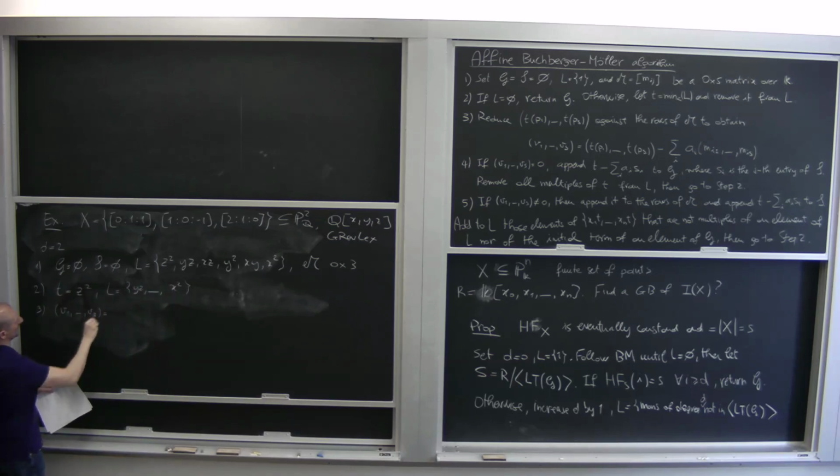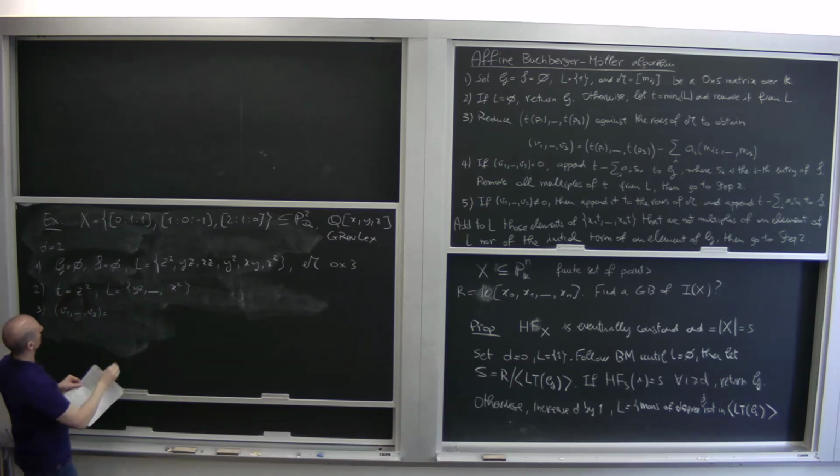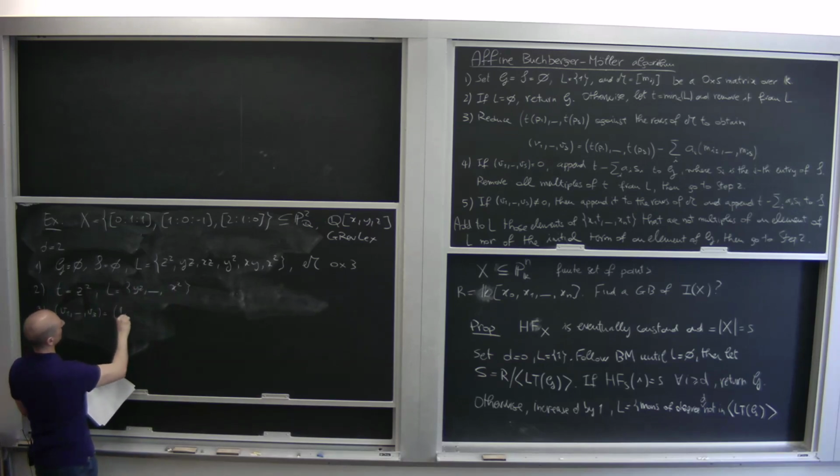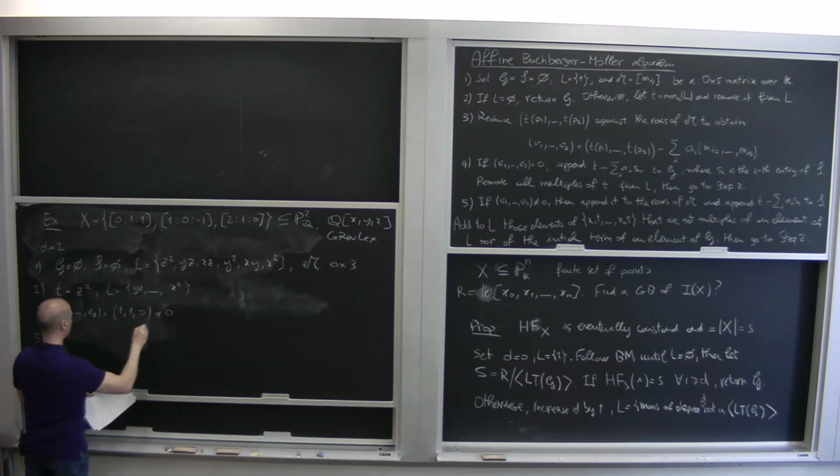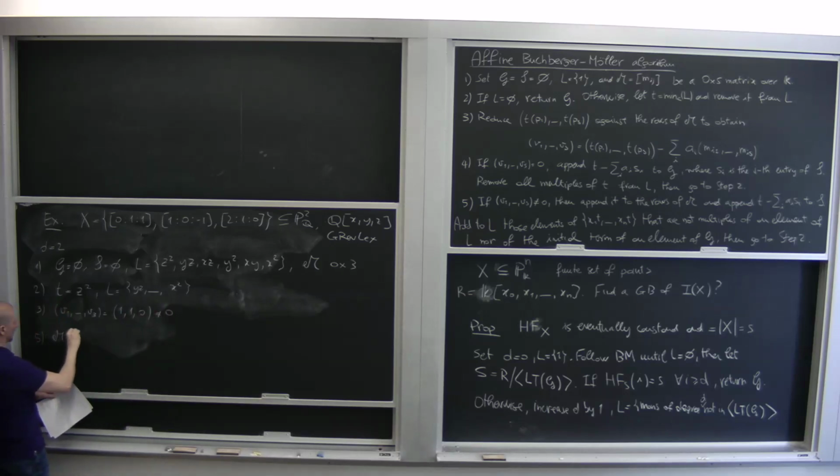So Z squared gives 1, 1, and 0. This is clearly not 0, so I go to my step 5, where M has acquired its first row.